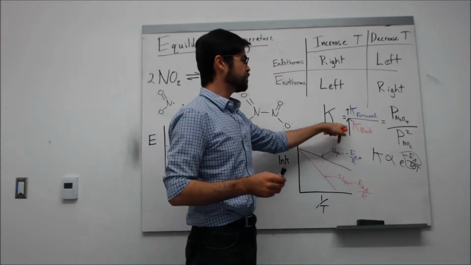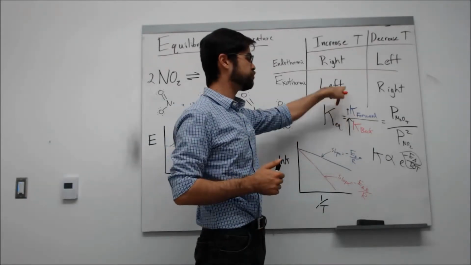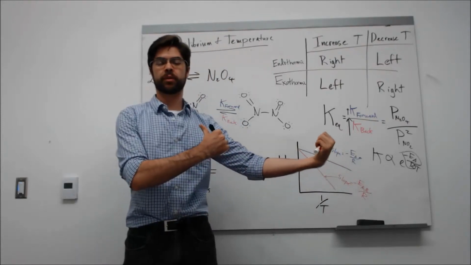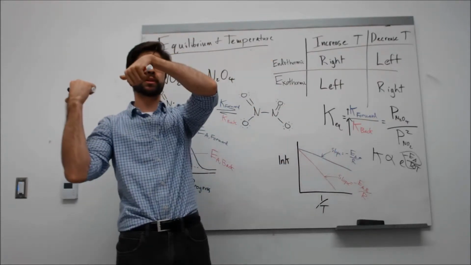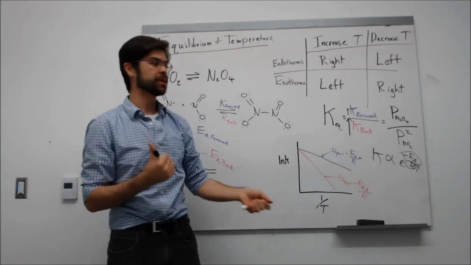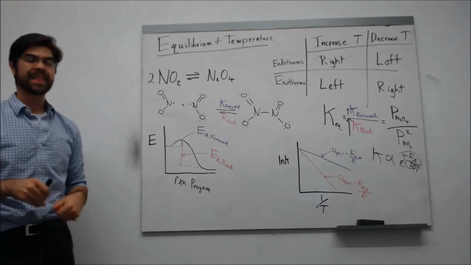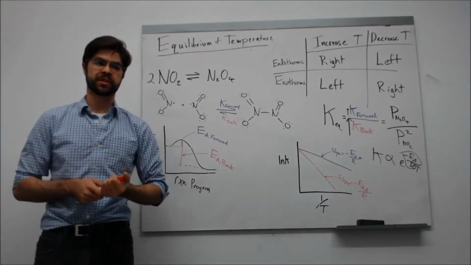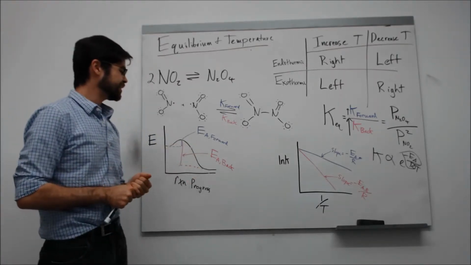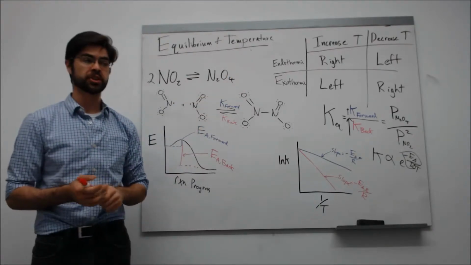So if the backwards rate is faster than the forward rate, that means that the equilibrium shifts to the left. It goes in the direction of that backwards reaction, and you start producing more reactants again. And that's the fundamental reason, or how to explain this general observation.